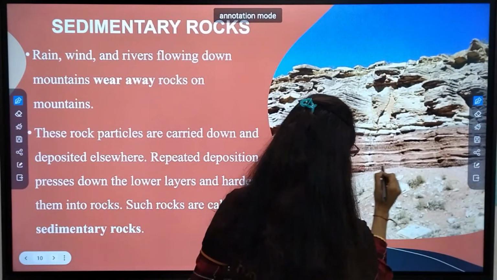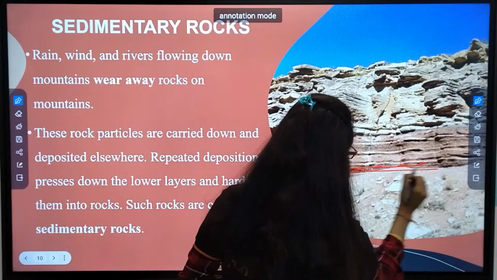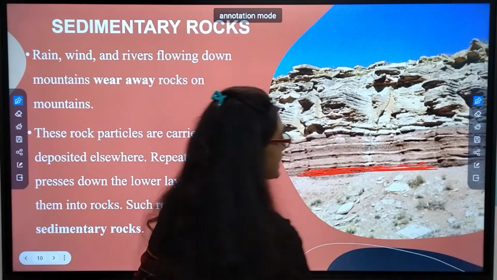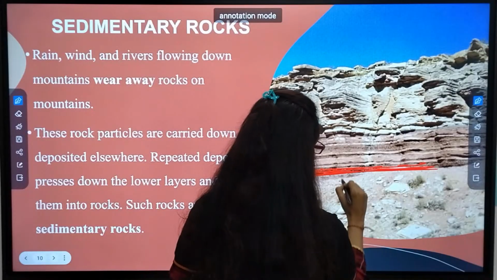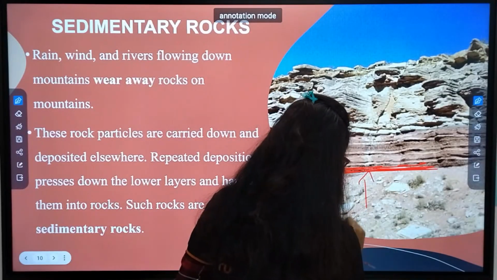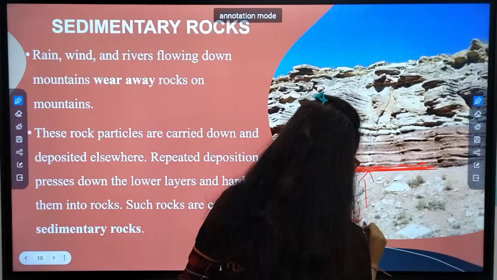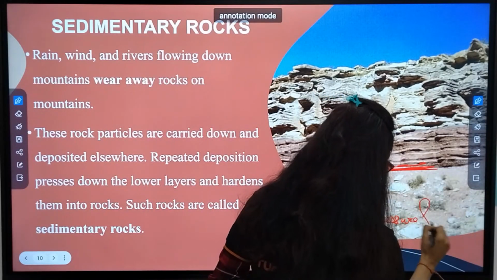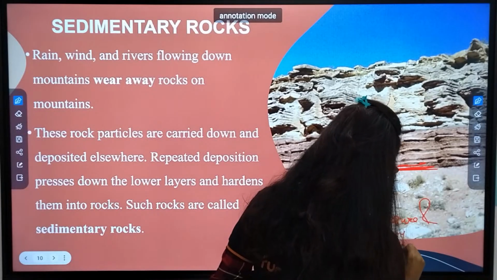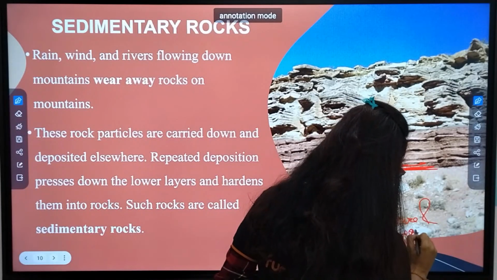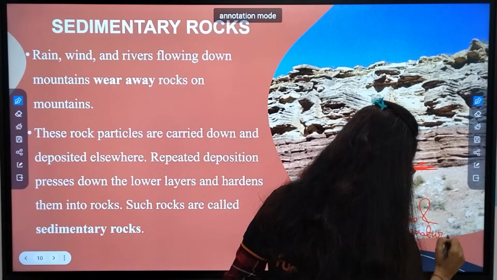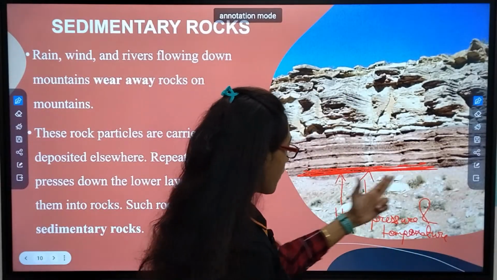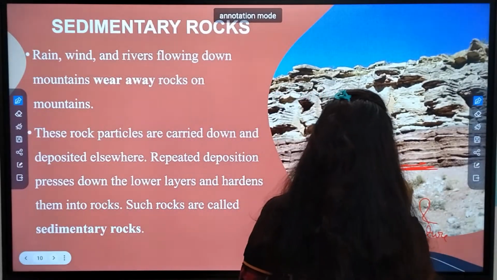First, just take, this is the layer. With high pressure and temperature, this layer of soil forms what?